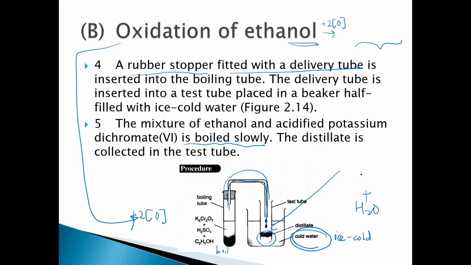Correct. You must remember two things: oxidation, I must get carboxylic acid, and dehydration, I must get alkene. These are the only two things we have learned so far today. So my distillate here is actually my ethanoic acid.